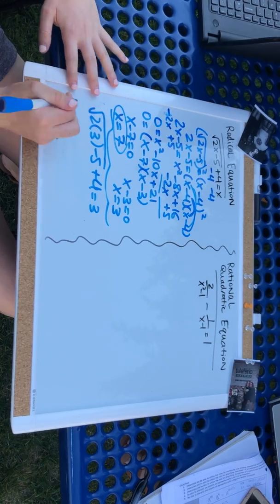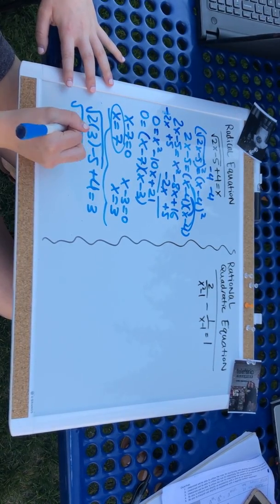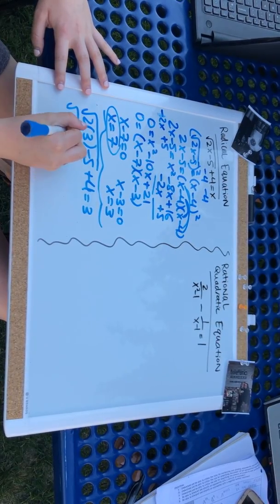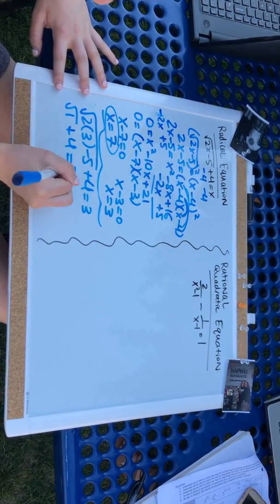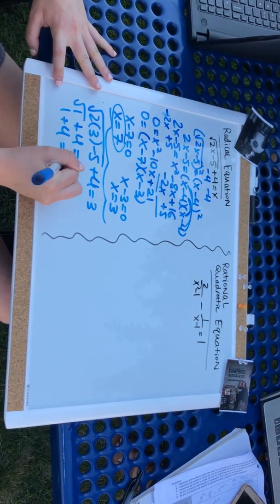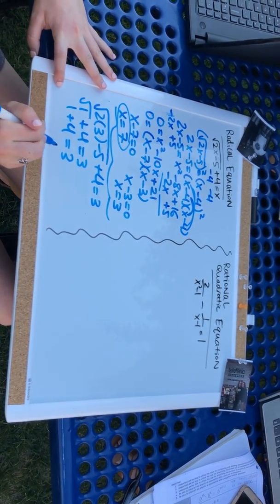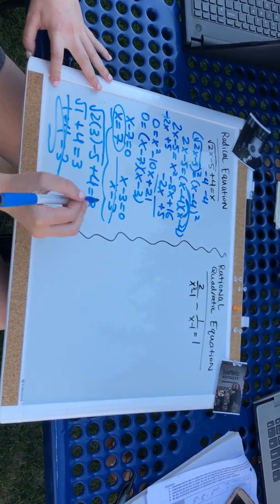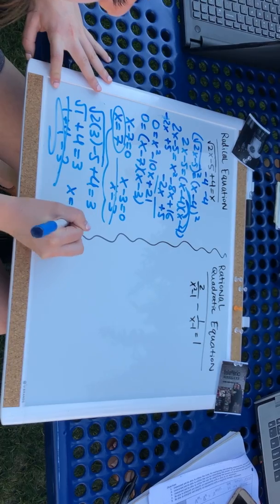So let's check it out. 6 minus 5 is 1, and then plus 4 should equal 3. Let's see, 1 plus 4 equals 3. That is not correct. So we know that this is incorrect, and the answer is x equals 7.